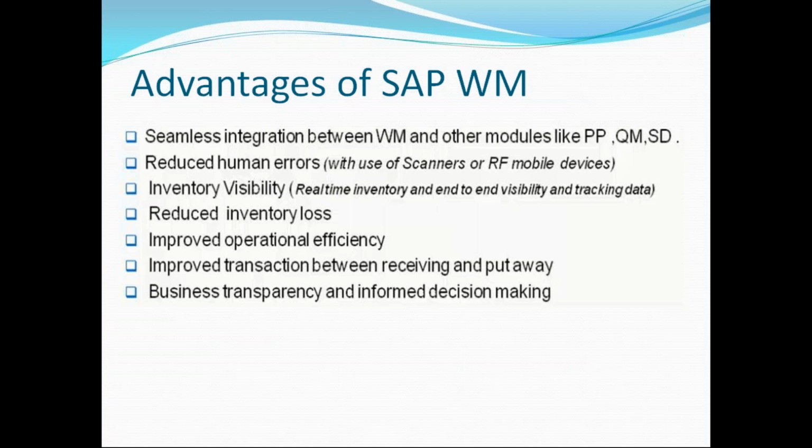So the main advantage of SAP warehouse management system is that there won't be much human intervention, and once all the configuration and strategies are placed, the SAP warehouse management system by itself will take care of the various configurations, and it will reduce the human errors and human interventions.